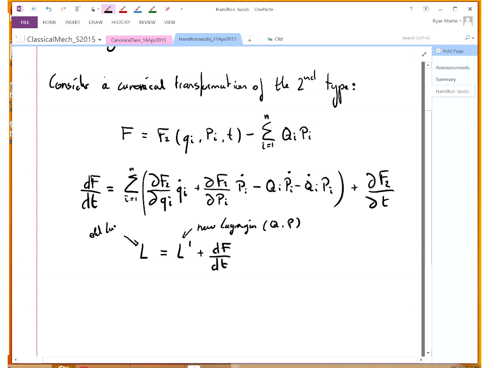And L is the old Lagrangian, which depends on lowercase q's and p's. Right? If we say the Lagrangian is unchanged by at most the total time derivative, then we know that the action is unchanged, and you'll get the same equations of motion. That's the whole basis of these canonical transformations.